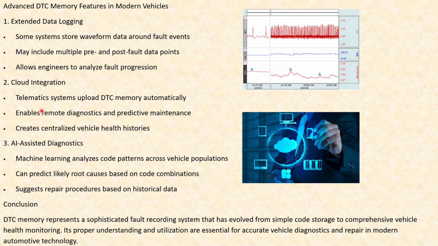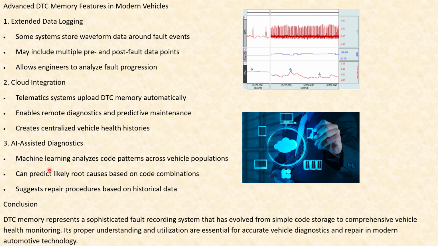Next is cloud integration. Telematic systems upload DTC memory automatically. It enables remote diagnostics and predictive maintenance and creates centralized vehicle health histories. Okay, so cloud integration is a very important advanced DTC memory feature. And last but not the least, AI assisted diagnostics. So machine learning analyzes the code patterns across vehicle populations.